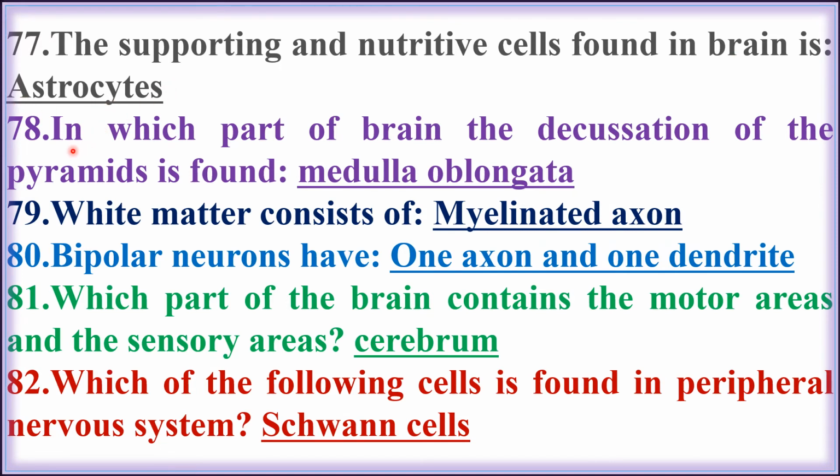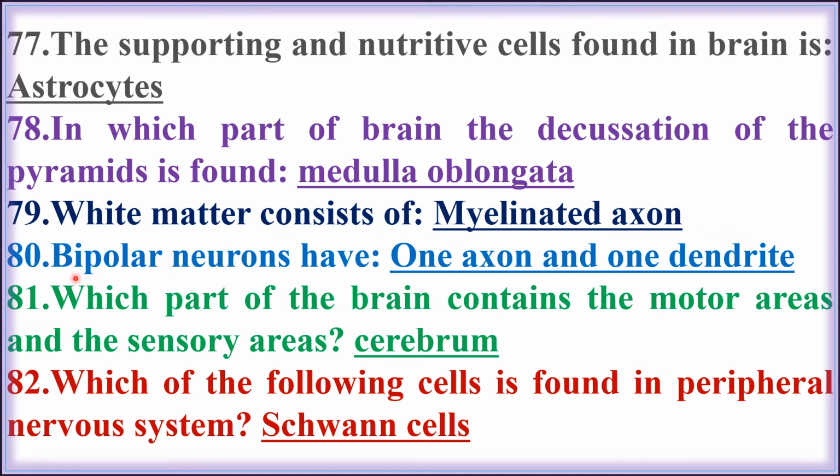Next, in which part of the brain is the decussation of the pyramid found? That is medulla oblongata. Next, white matter consists of myelinated neurons or axons.